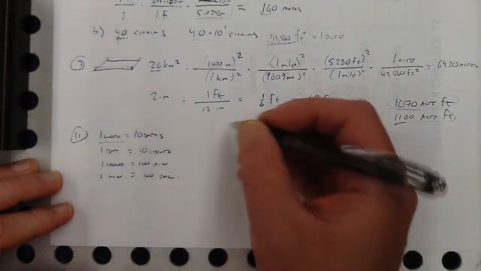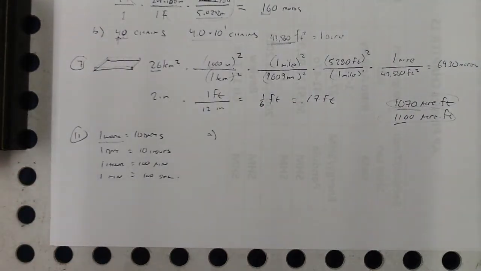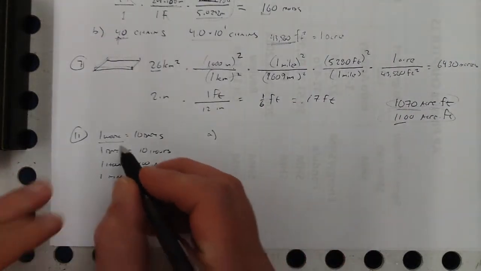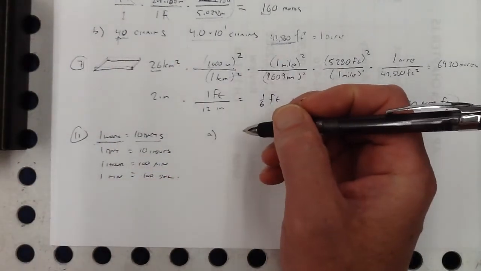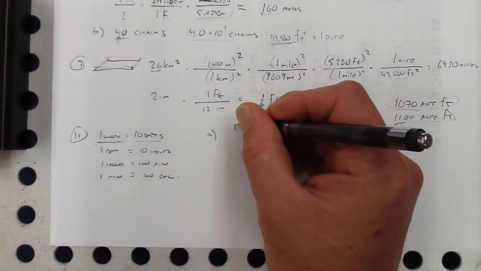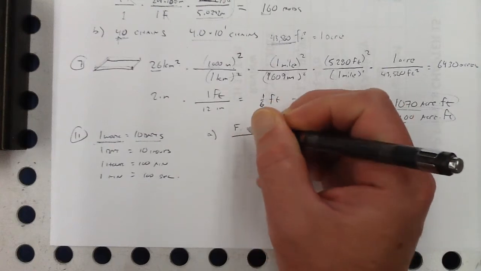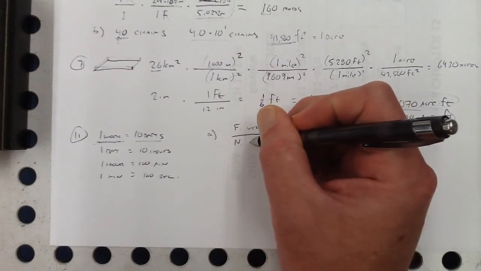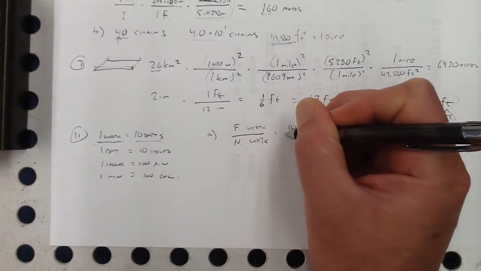So for part A, since the days are the same, if one of these metric weeks has 10 days, then the ratio of the French decimal week to, let's say, the normal week is 10 to 7.